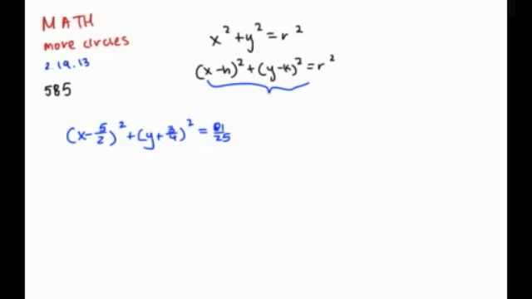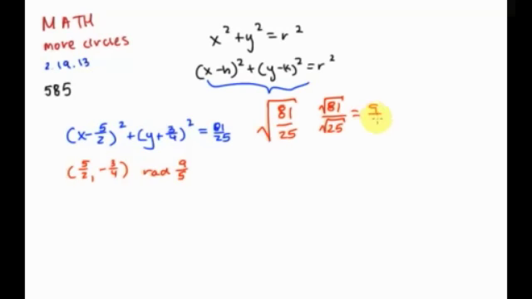Looks like hairy fractions, don't it? But we know that the center is 5 over 2, comma, negative 3 over 4. Just take the square root of 81 over 25, so our radius is going to be 9 over 5. Quick thing. Take the square root of a fraction. It's the same thing as taking the square root of each part, so that would just be 9 over 5, right?